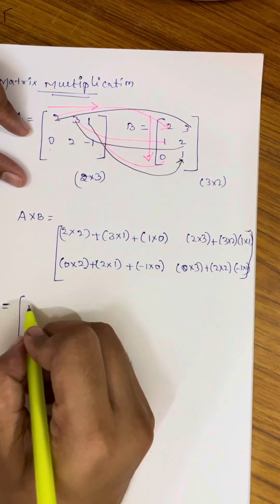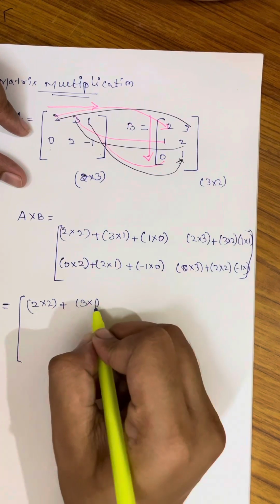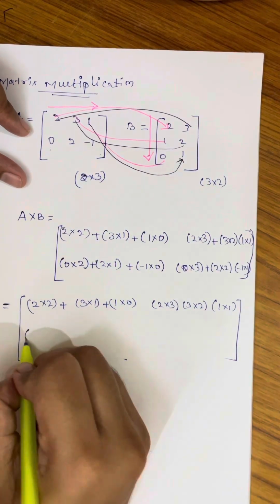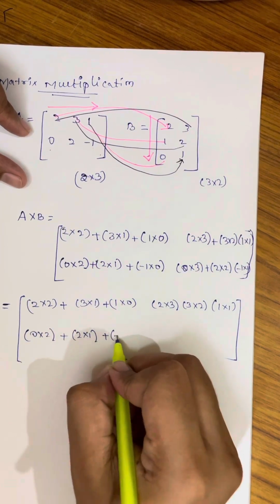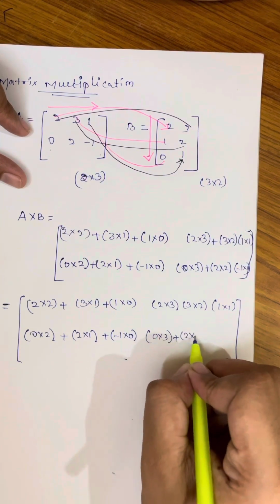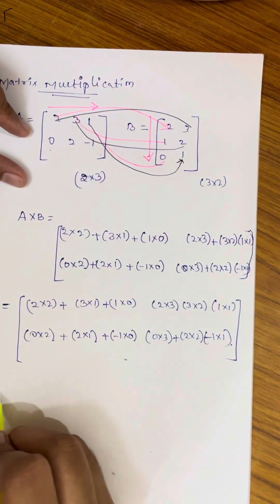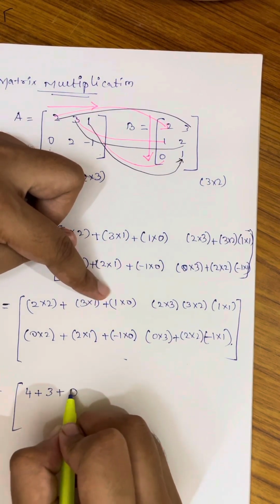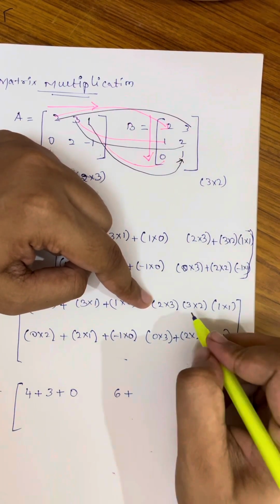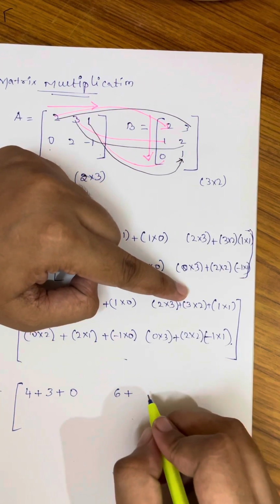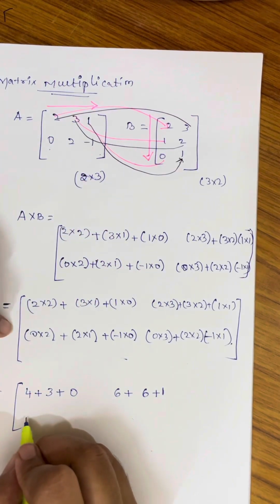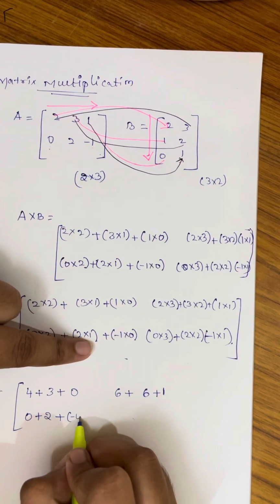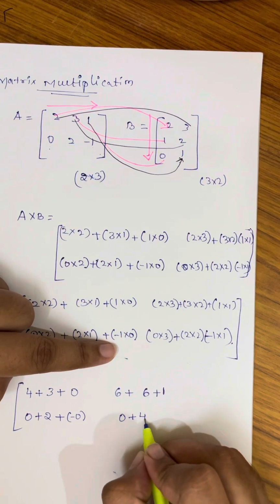Okay, now 2 2s are 4 plus 3 1s are 3 plus 1 0s are 0, 3 2s are 6 plus 2 3s are 6 plus 1 1s are 1, 0 2s are 0, 2 1s are 2 plus minus 1 0s are 0, 0 3s are 0, 2 2s are 4, minus 1 1s is minus 1.